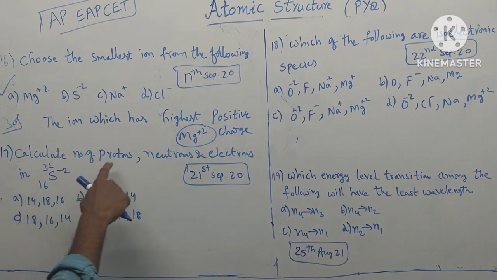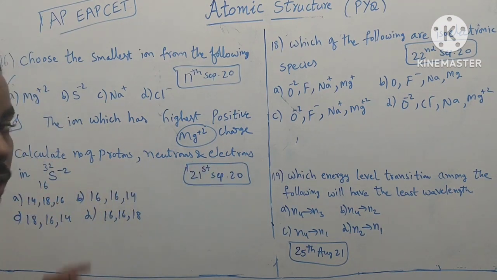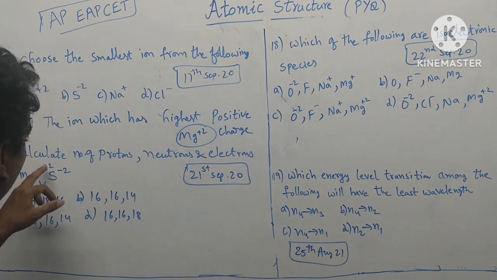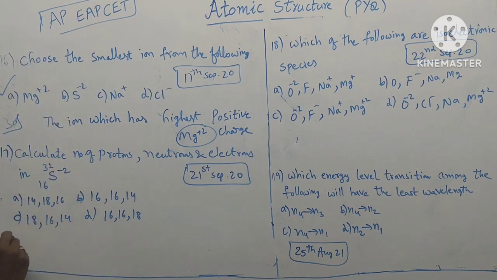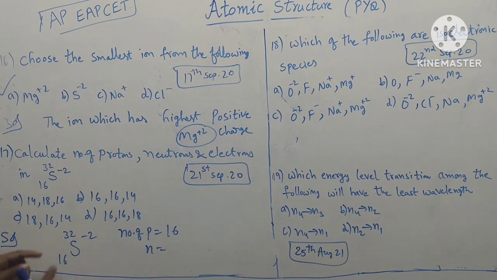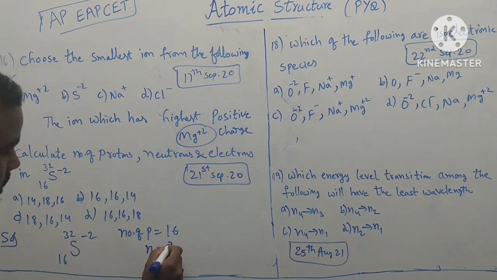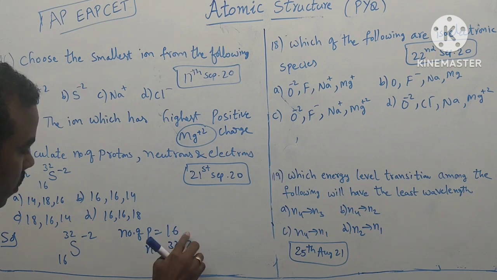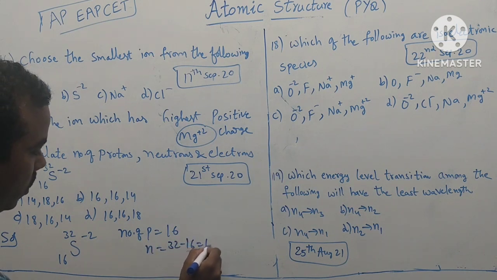Calculate the number of protons, neutrons and electrons in S 16, 32, minus 2. Here 16 indicates the number of protons, so protons equal 16. Number of neutrons is A minus Z, that means 32 minus 16, equal to 16.